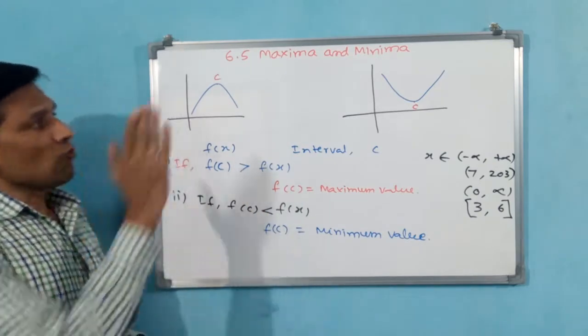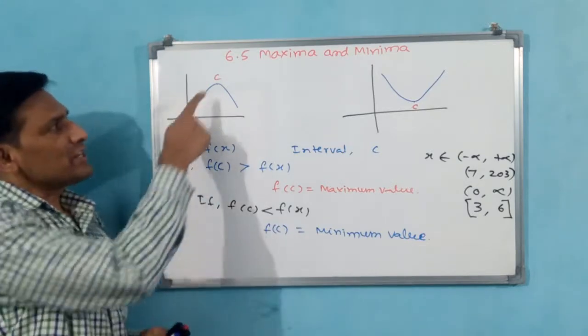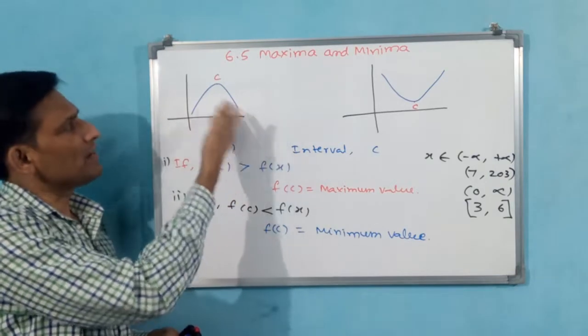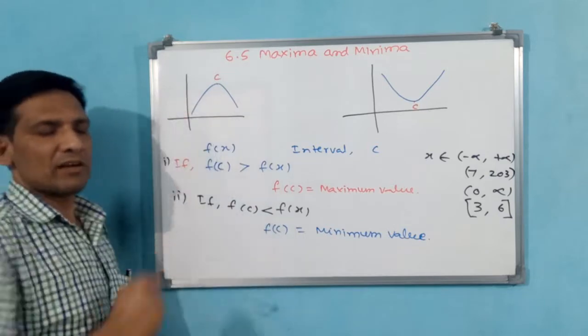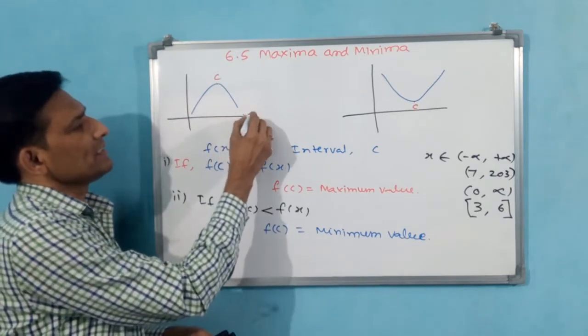Now let us go back to the graph. c is the highest point here. Why? This is the x coordinate and this is the y coordinate. y we also call f of x.